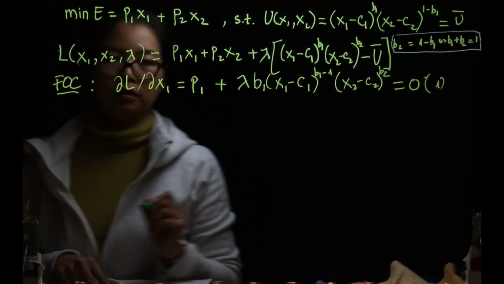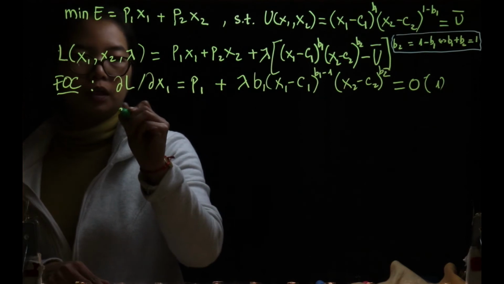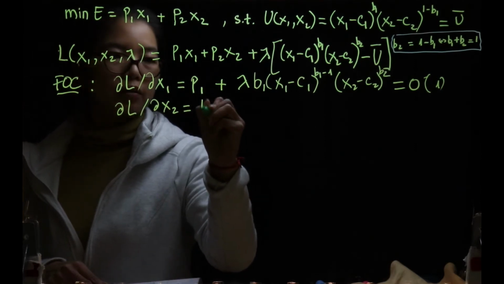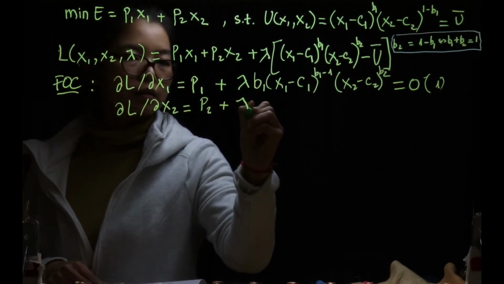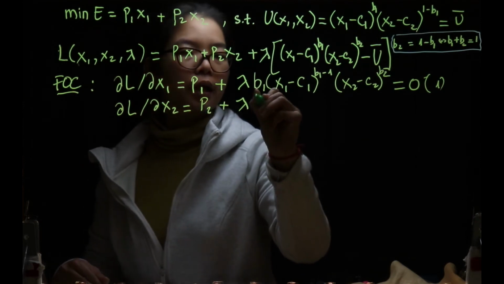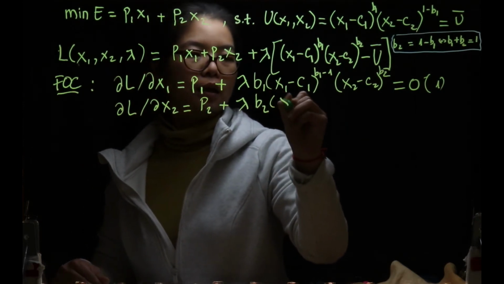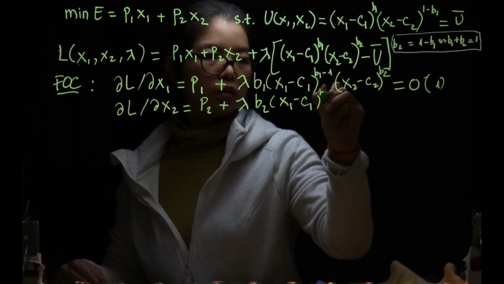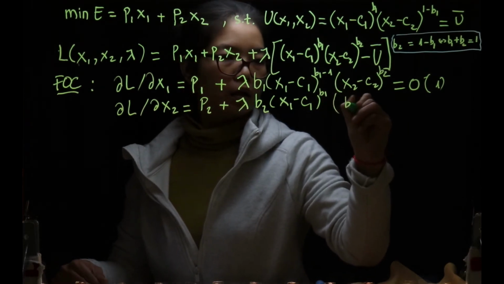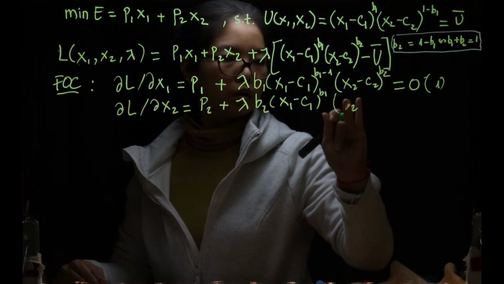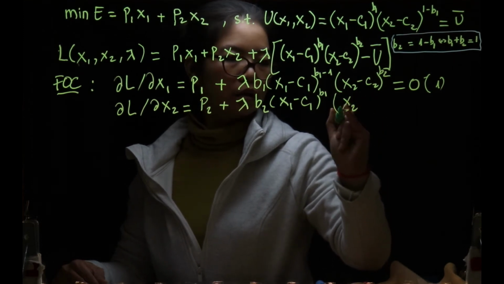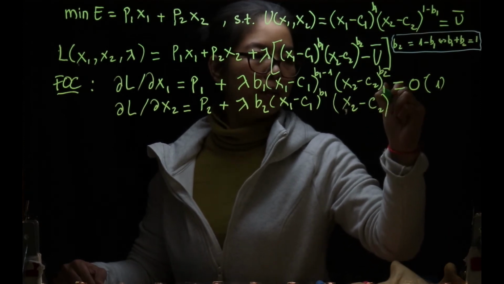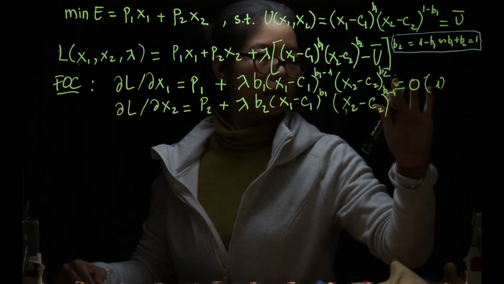This is the first equation. Do the same thing for x2, which is now P2, plus lambda times b2 again, and the whole term with x1 remains constant. Oh, sorry. So that is x2 minus c2 to the power of b2 minus 1.